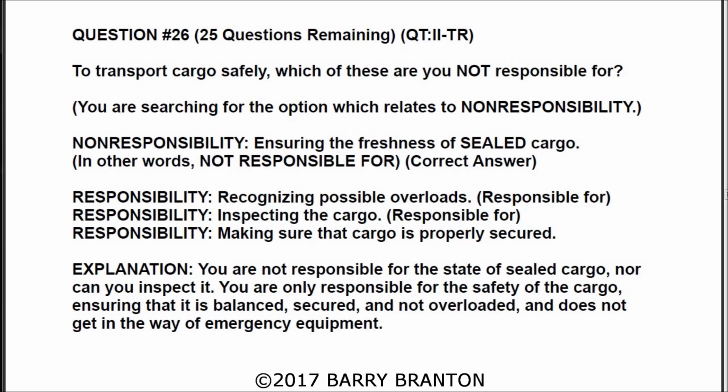So you're not responsible for the state of sealed cargo, nor can you inspect it. You are only responsible for the safety of the cargo, ensuring that it is balanced, secured, and not overloaded, and does not get in the way of emergency equipment.